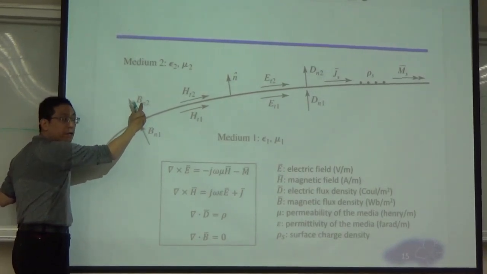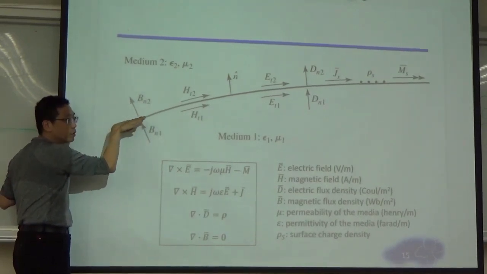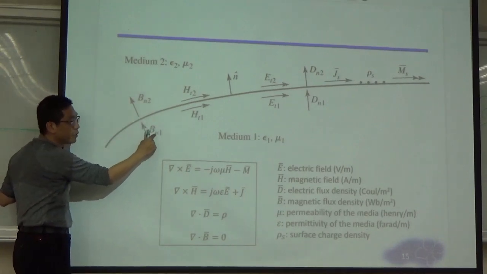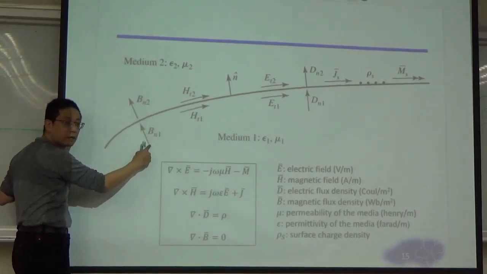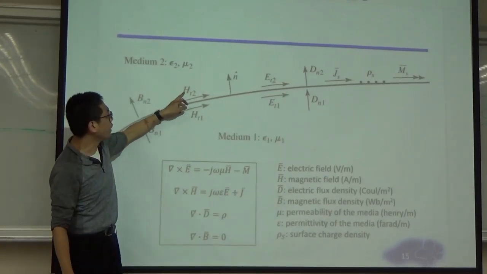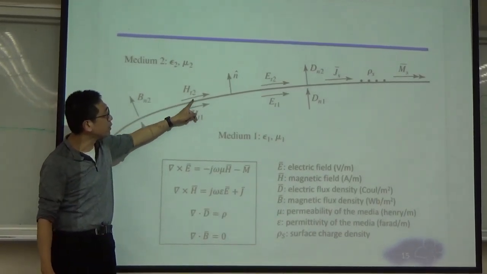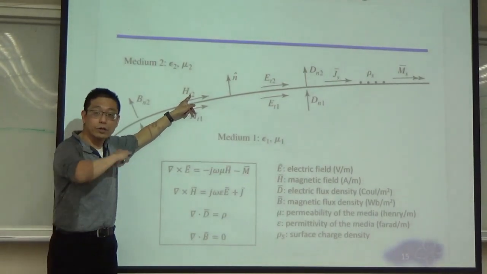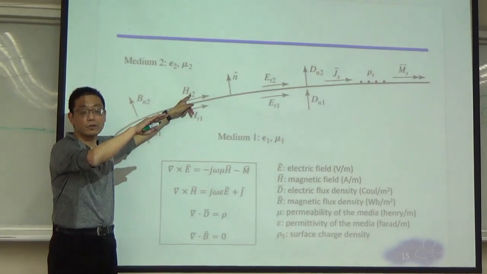This magnetic flux density is perpendicular to the surface, okay? And we also use Bn1 here. They are in the same direction. And also HT2 and HT1. T means tangent.